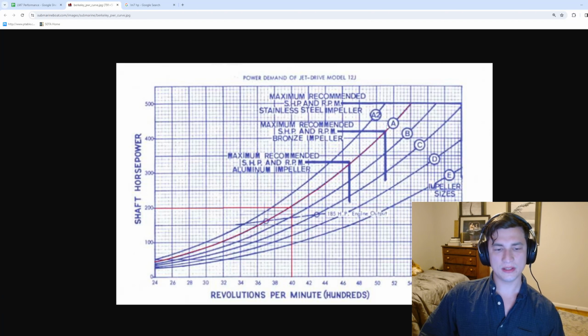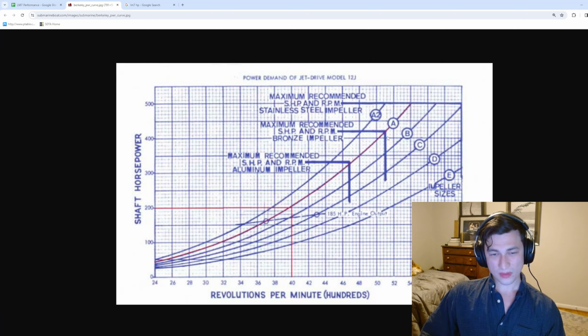The impeller will begin to cavitate, it'll start to eat itself, and it will essentially implode and blow itself out the back. So we don't want that. On the flip side, if we can't achieve this maximum RPM, let's say our engine can only do 400 horsepower, that means that at 5,000 RPM we will bog down the engine, which is something that we don't necessarily want. We want the pump curve of the impeller to end where the engine does, roughly.